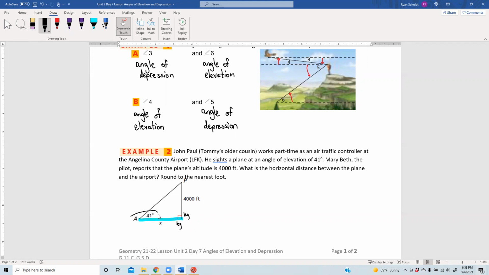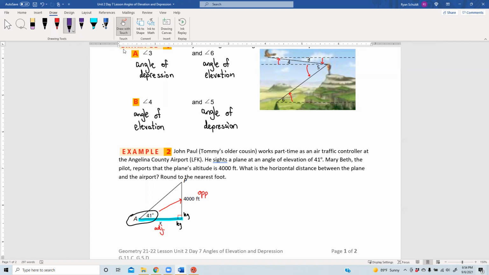And then you circle the angle given. This 4,000 out here, how is it positioned in relation to the angle? It's opposite. And then the side we want, the X, it's adjacent.